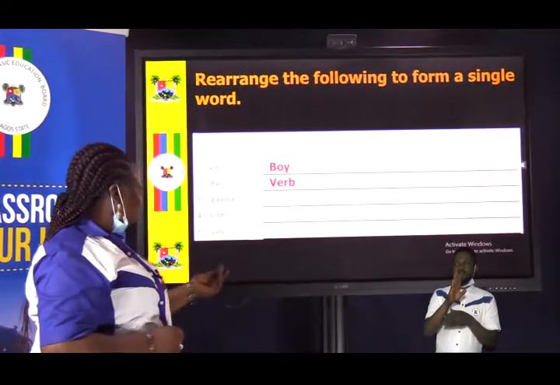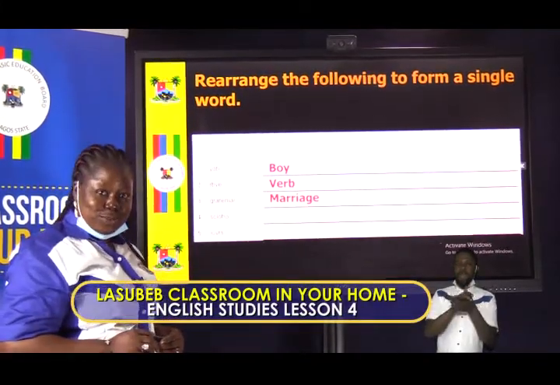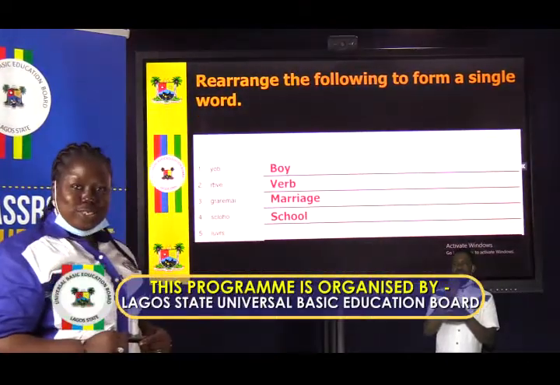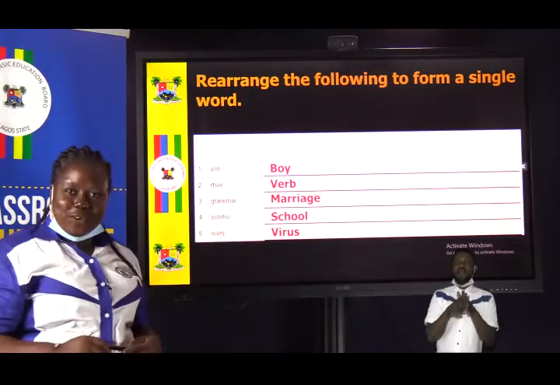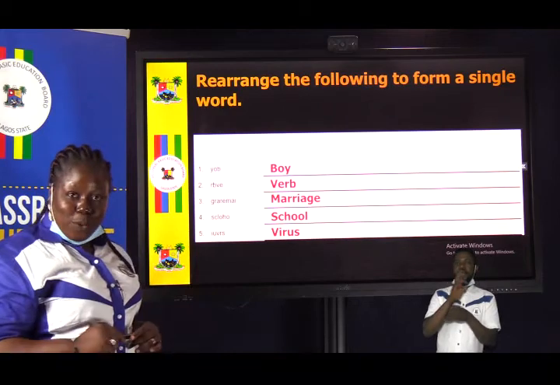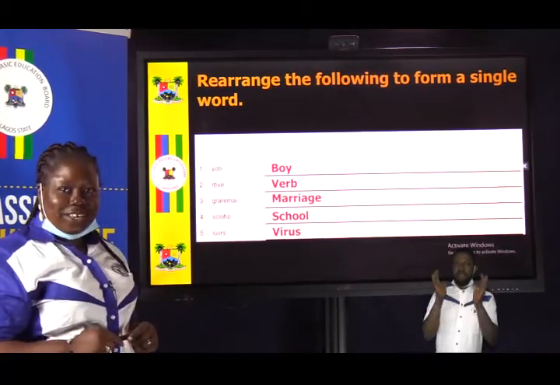The third one, marriage. Did you get that too? Wow, you're brilliant. Followed by school and virus. Did you get the 5? Are you sure? Then you're smart children, and I celebrate you with a chair.